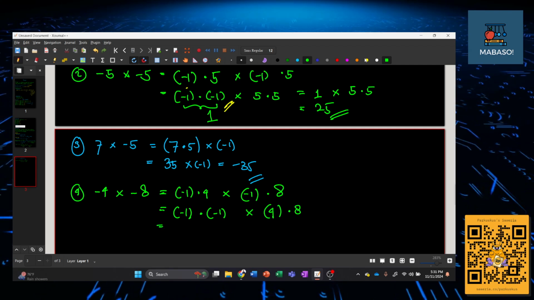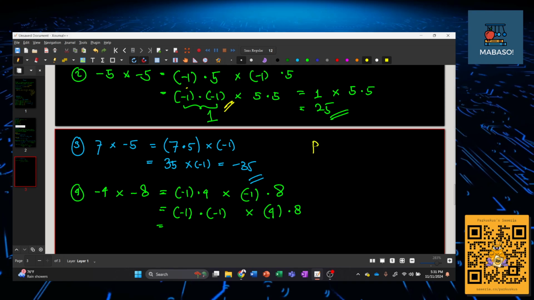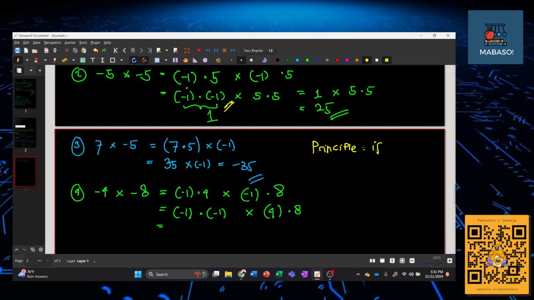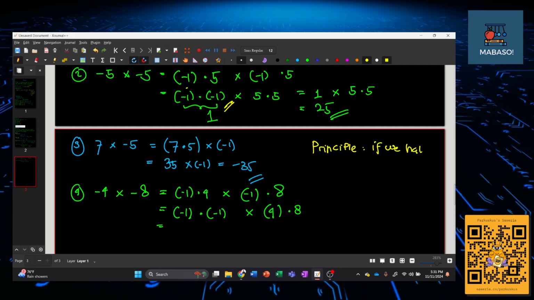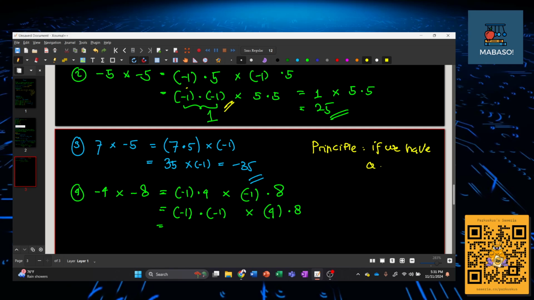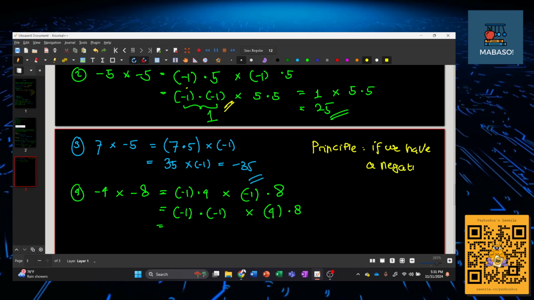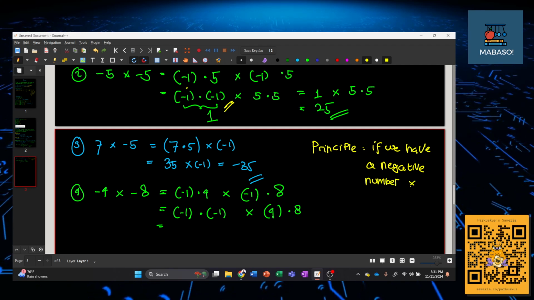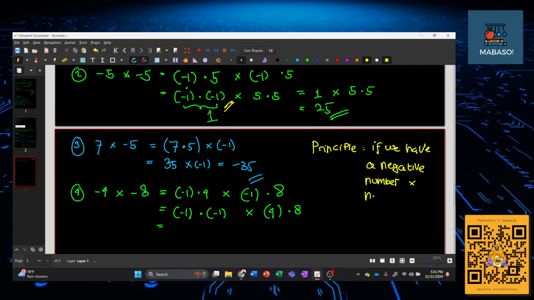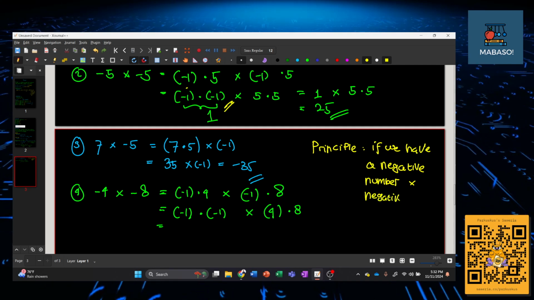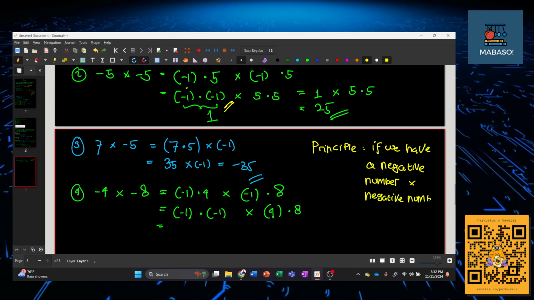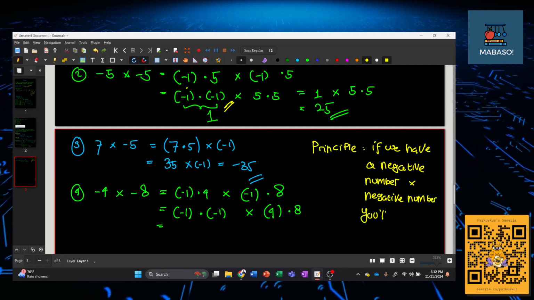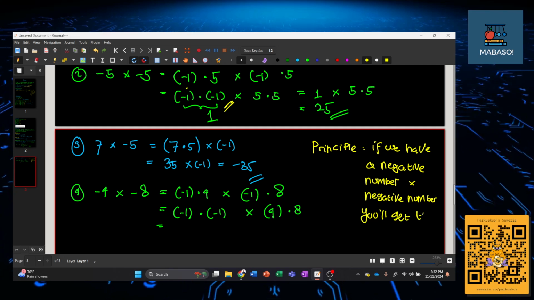Remember the principle here: if we have a negative number multiplied by another negative number, you'll get the positive form.